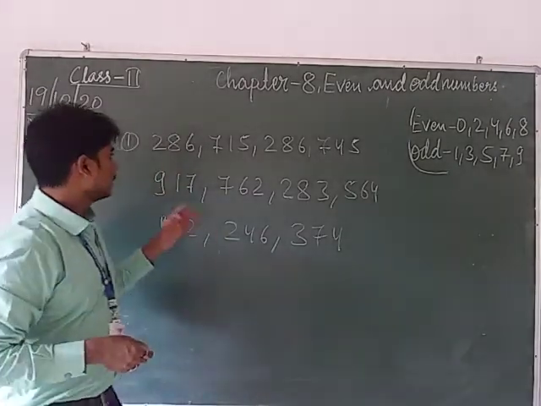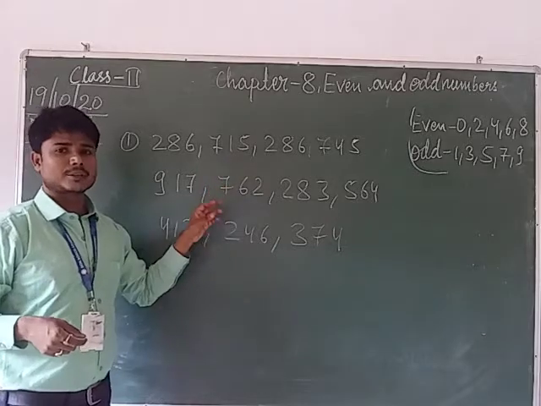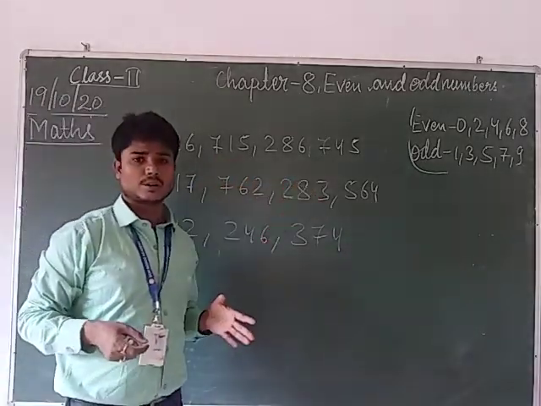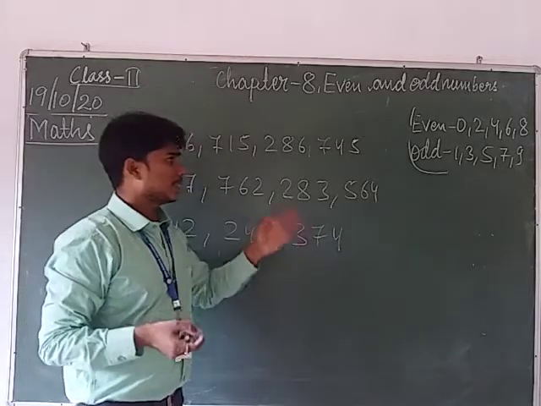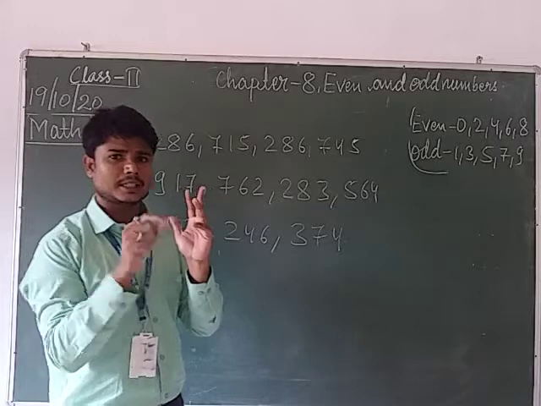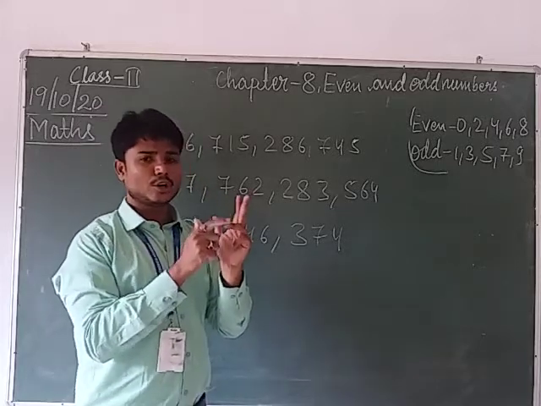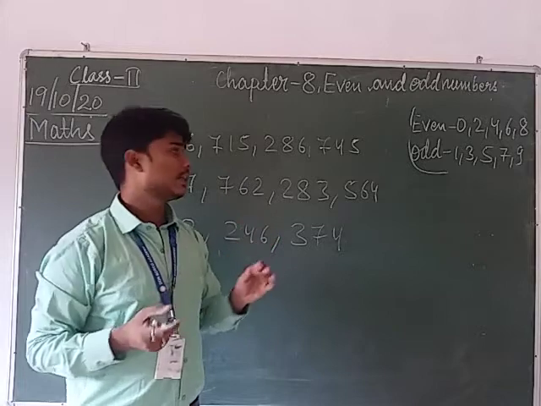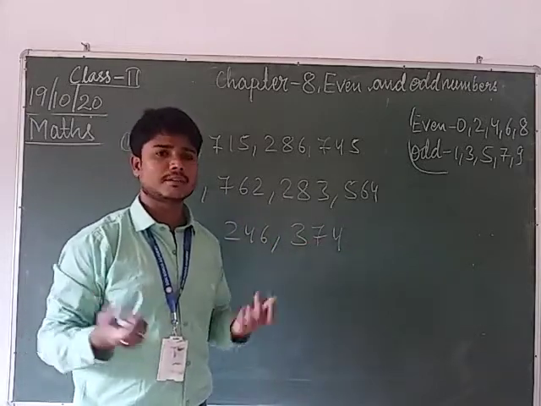Okay children, now see, I have written some numbers and you have to check whether the given number is even or odd. So, to check whether the given number is even, if the number ends with 0 or 2 or 4 or 6 or 8, that number is called an even number.